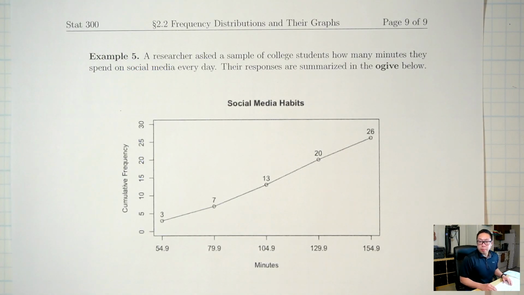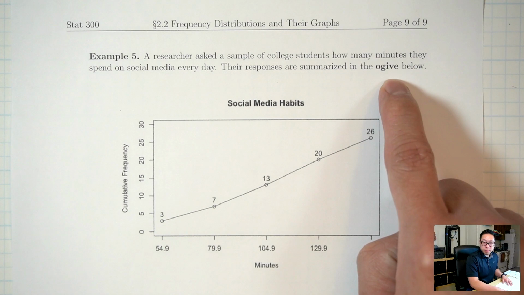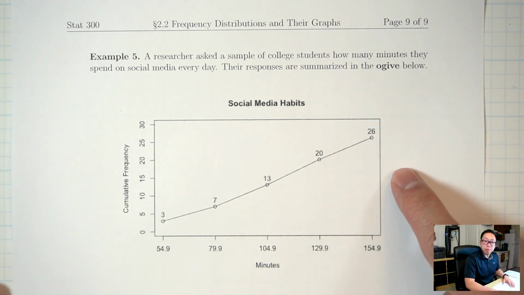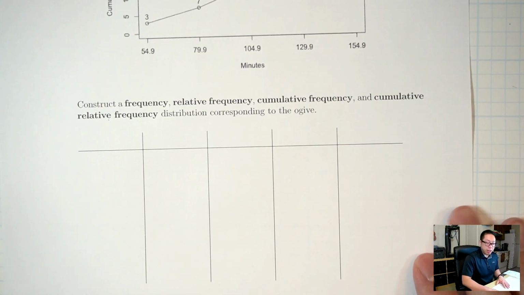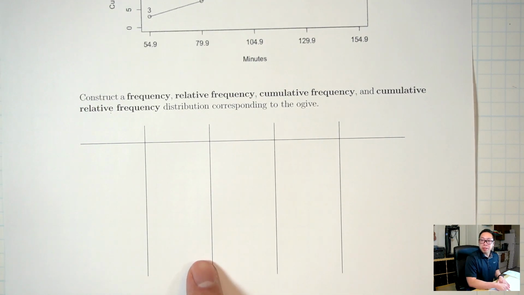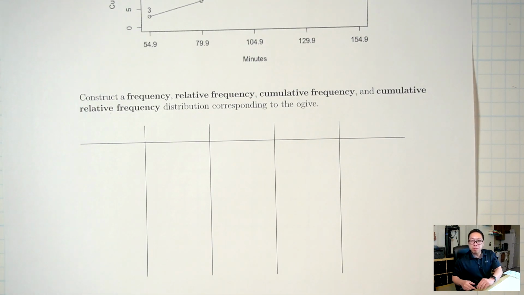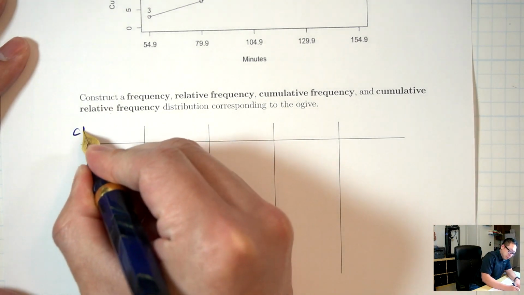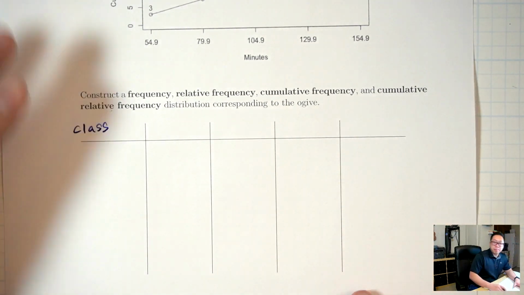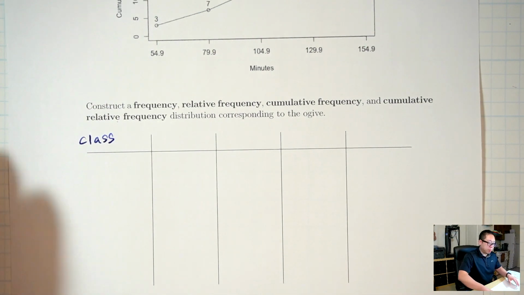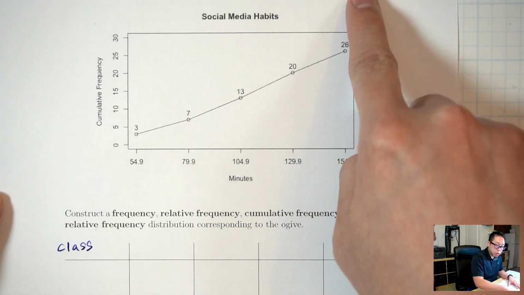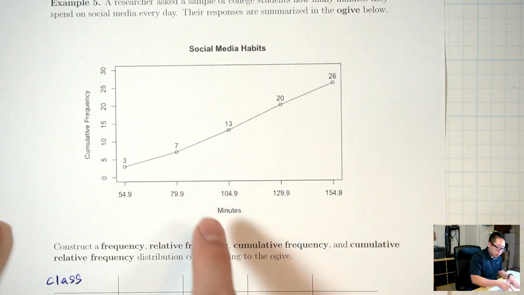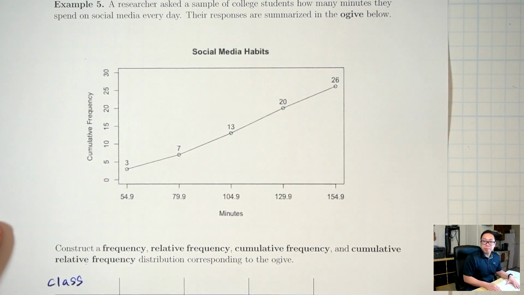Example 5. Here we have an ogive. And the question is, if I give you an ogive, can you go backwards and make the table for me? So this is really a question of how do you make the ranges? So you have to think back on an ogive. What are these numbers on the x-axis?